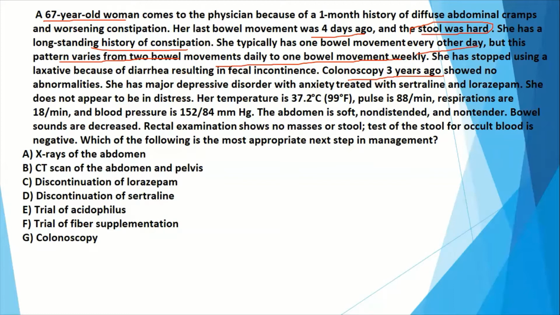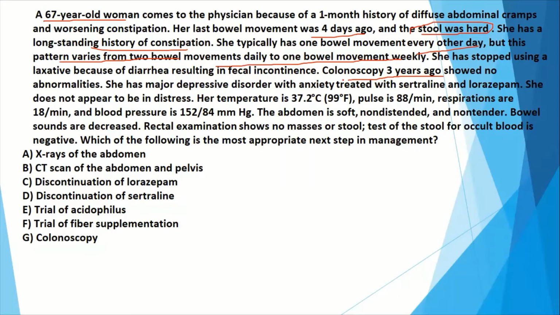Initially, it was 50 years, but now the US guidelines have been changed for screening colonoscopy, and now they suggest that the patient should undergo a screening colonoscopy at the age of 45 rather than 50. And you have to repeat a screening colonoscopy every 10 years, starting from 45. So this patient does not have any risk factor, and she doesn't require any colonoscopy just after 3 years.